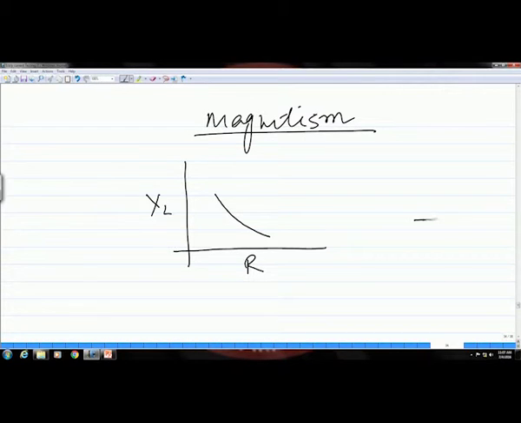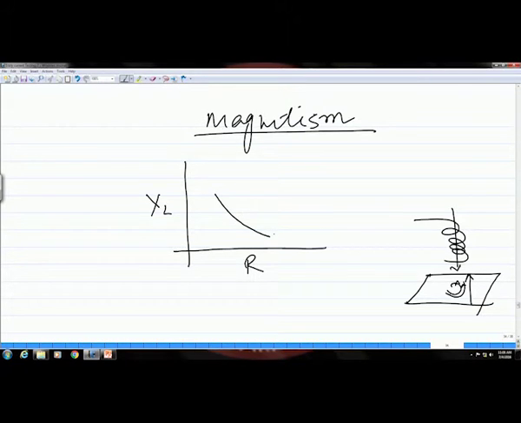And we have also seen that the magnetic field due to the eddy currents is opposed to the primary magnetic field. Okay. And that is why the reactance component in this case comes down.